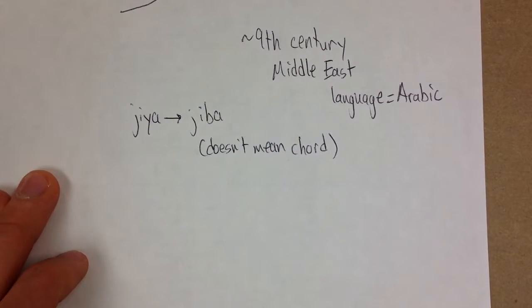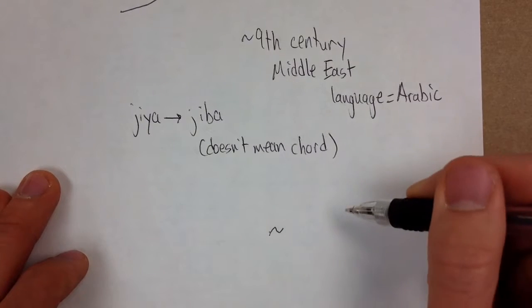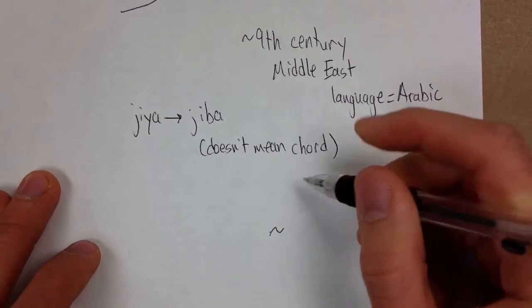Next, fast forward, Europe. The Europeans are slow when it comes to discovering math and science, but they get there eventually. So I'm going to say 13th century.